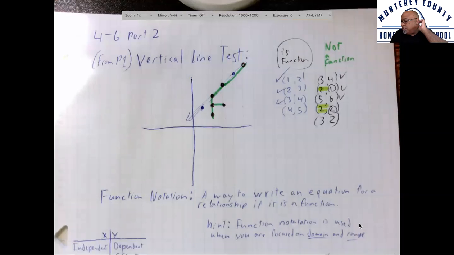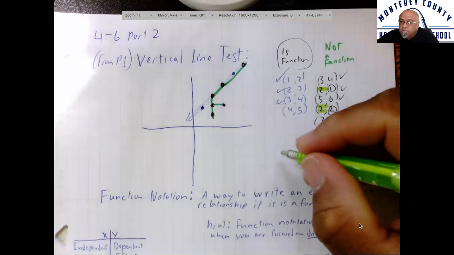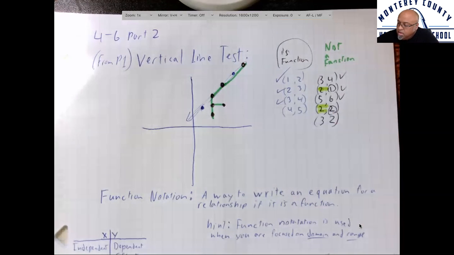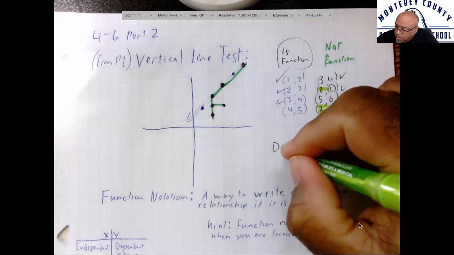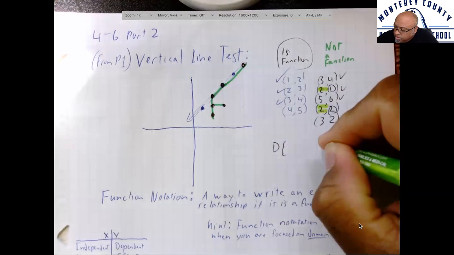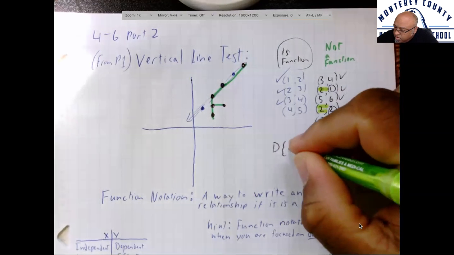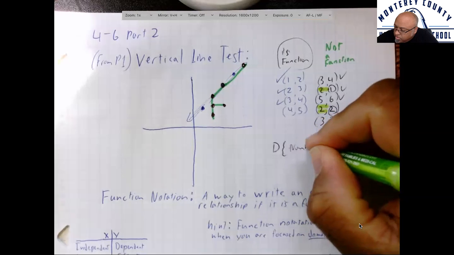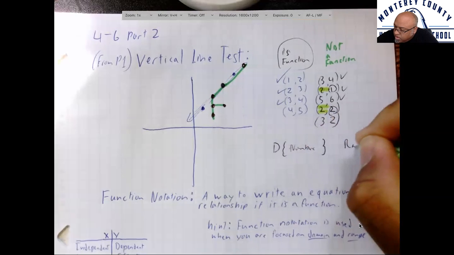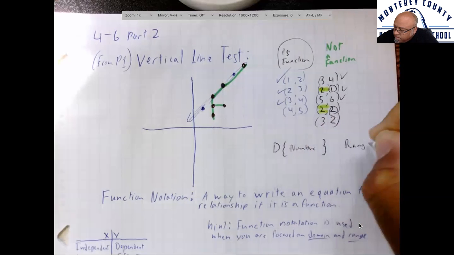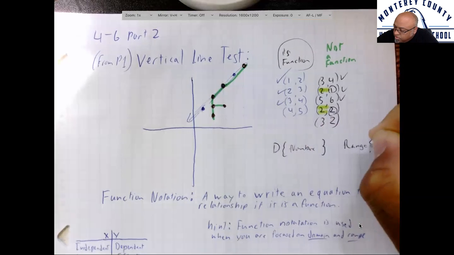Now, just another quick note. Let's just say you have a large domain and a large range, okay? I'm just going to say domain, and then there's a whole bunch of numbers in it. I'll just write numbers. And a range. And there's a whole bunch of numbers in it too.